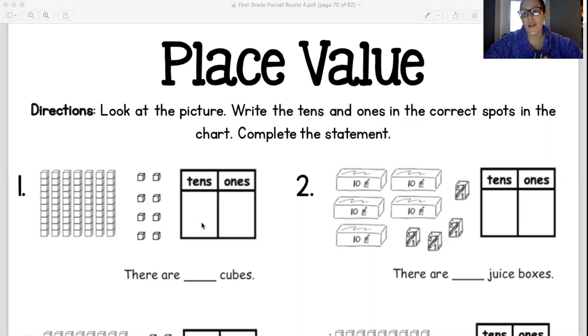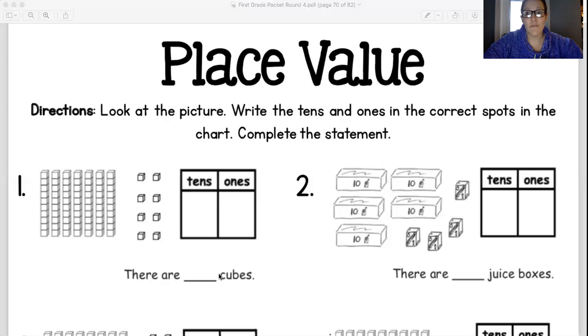And all the other extra blocks or pictures that don't make a new group of 10, that's where the ones are going to go. So that's how you fill in your chart. For the bottom line, that's where you count up all the cubes or the pictures, and you write the total number all together. So go ahead and pause and try numbers 1 and 2.